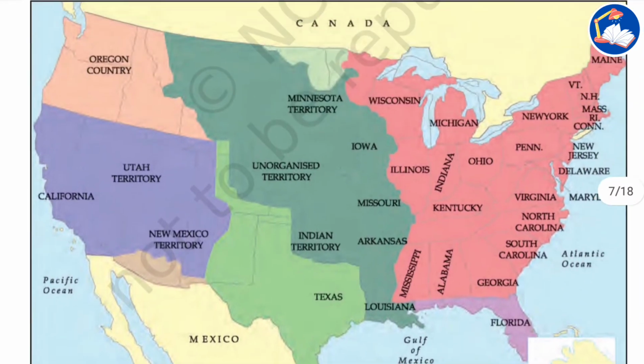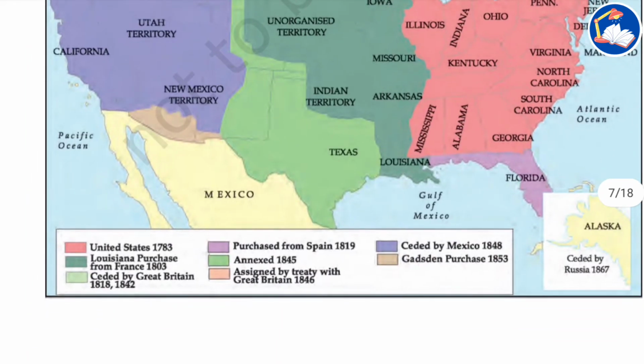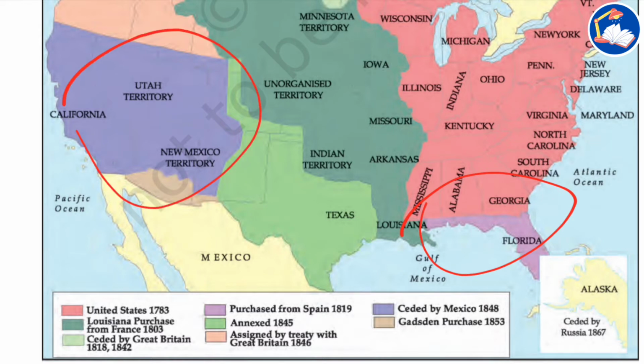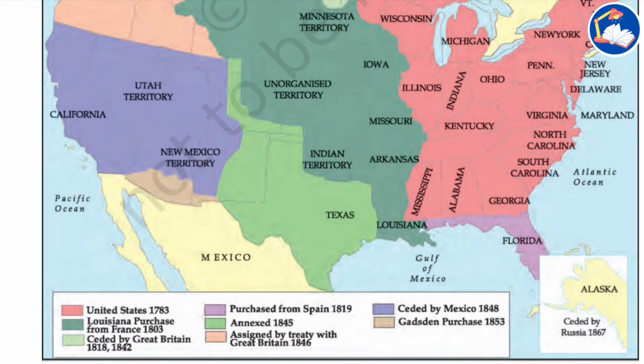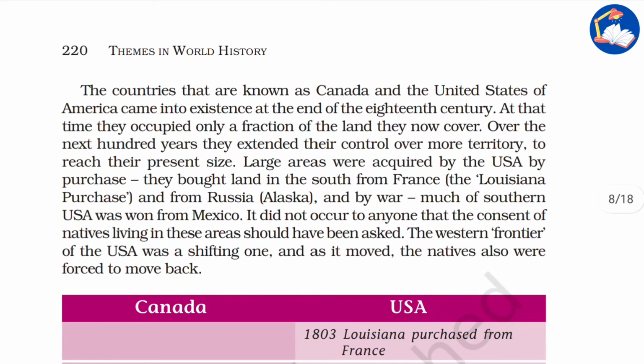This light green area was ceded by the British. The violet area, Florida, was purchased from Spain. This area, Utah, was purchased from or ceded by Mexico. And we have Alaska over here, which was ceded by Russia. We will come to it later.